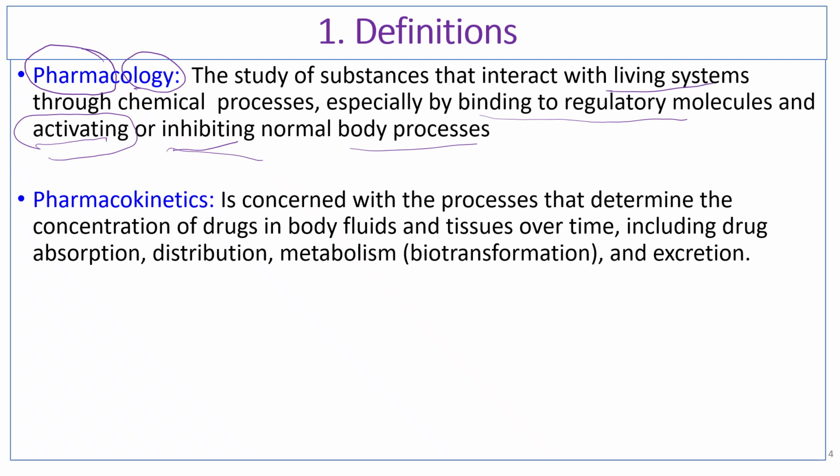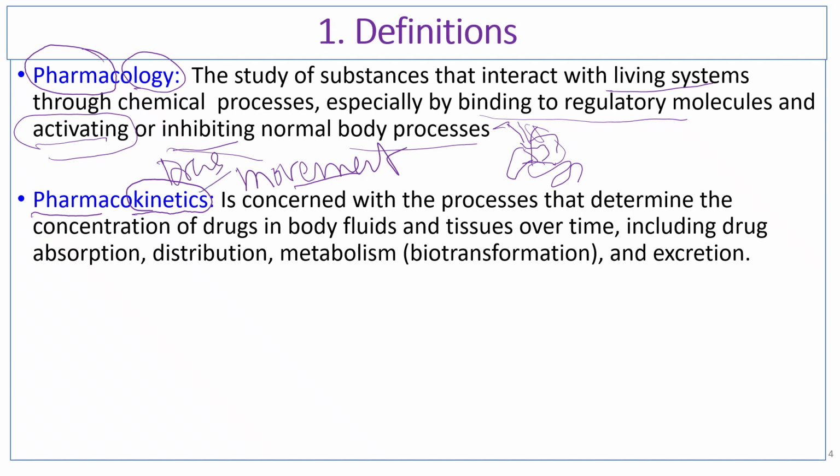Pharmacokinetics. Again, pharma means medication. Kinesis means movement, right? So the drug movement, where it moves in the body. If you take a pill by mouth, it goes to the gastrointestinal tract, is absorbed in the intestines, passes through the liver and goes to the systemic circulation, right? So kinesis means drug movement, where the drug moves in the body.